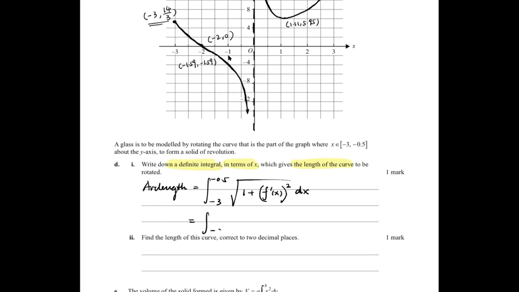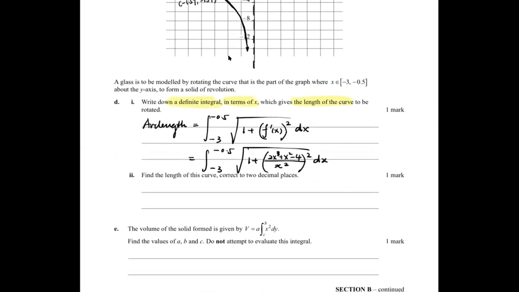It will be -3 to -0.5 square root of 1 plus 2x squared plus x squared minus 4, actually to the power of 3, not squared at the beginning, and x squared is here, dx. Don't lose your dx. It's very important. It's like a right bracket. And I want to find the length of this curve.